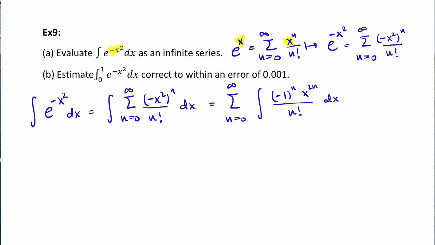So this is equal to the sum from n equals 0 to infinity of negative 1 to the n, keep the n factorial, and the antiderivative of x to the 2n is x to the 2n plus 1 over 2n plus 1. And since I'm computing the indefinite integral, I have to add c. So that is my answer.